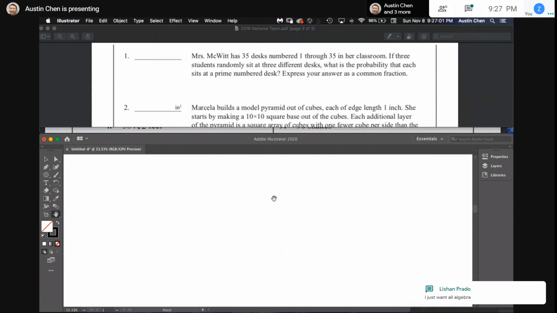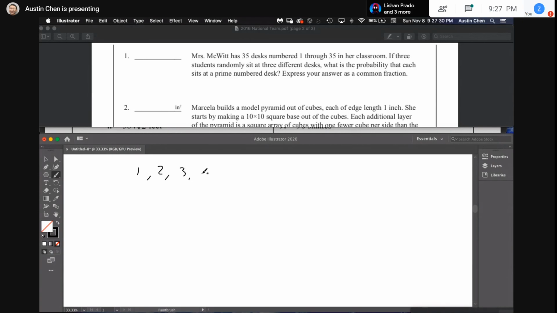Mrs. McWitt has 35 desks numbered 1 through 35 in her classroom. If three students randomly sit at three different desks, what is the probability that each sits at a prime numbered desk? Express your answer as a common fraction. We should try to find the prime numbers from 1 through 35.